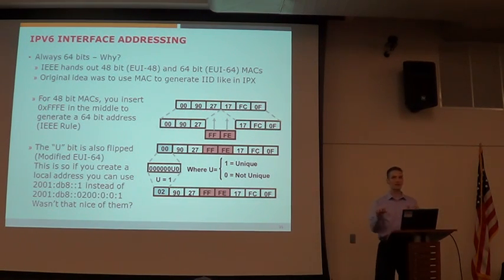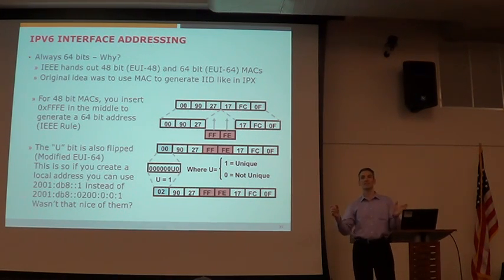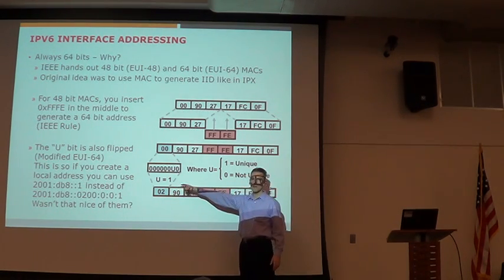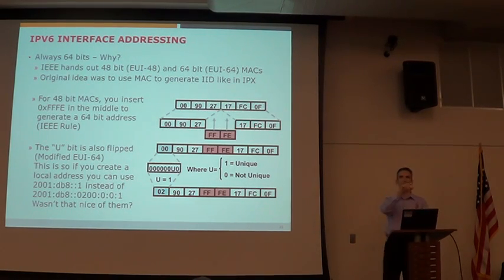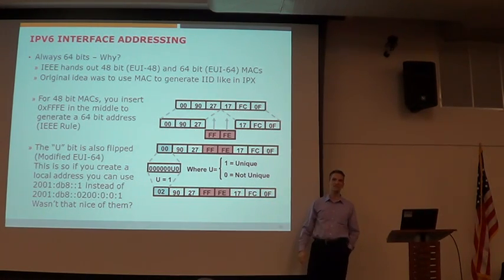A lot of times when I create a router, I'm going to make the router's address FE80::1, because it's easy, right? But if they didn't flip this bit, I would actually have to make it FE80::0200:00:1, because I'd have to flip the unique local bit, since that's a locally assigned address.